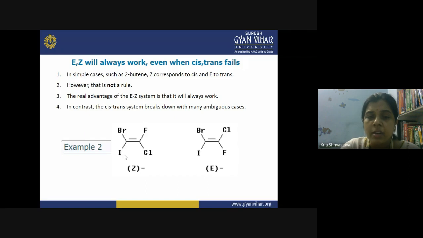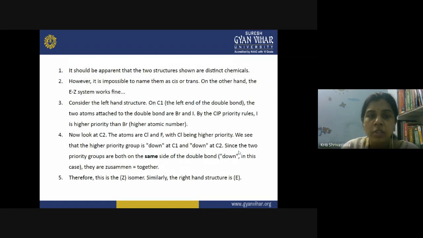Iodine will be given 1, then 2, then 3 and 4, according to their atomic weight, and here you get 1, 2, 3, 4. When you are assigning the 4, the substituent with the least priority is away from the viewer, right? So it is apparent that the two structures are distinct compounds, and it is impossible to name them as cis or trans.